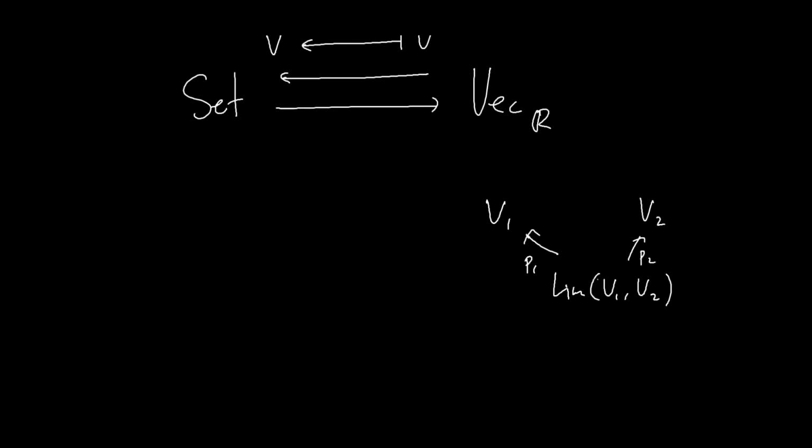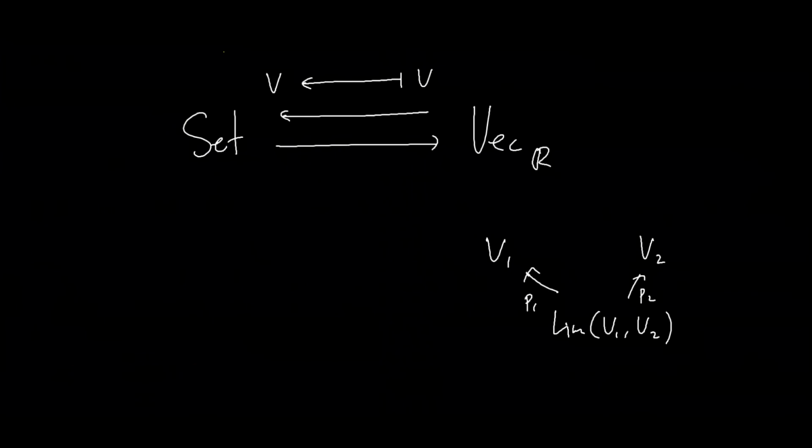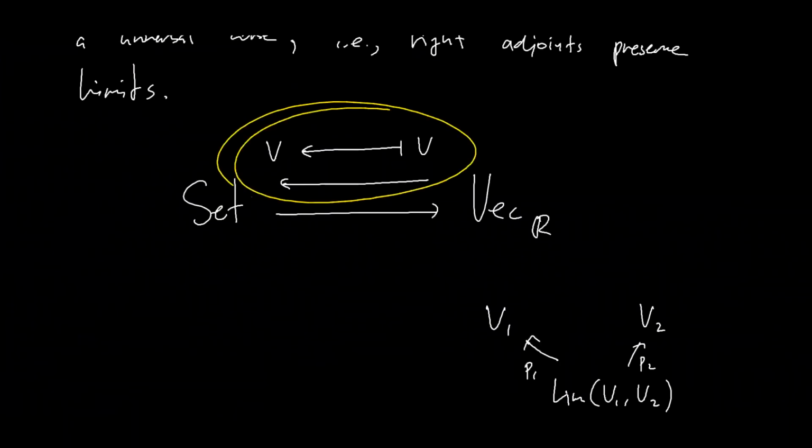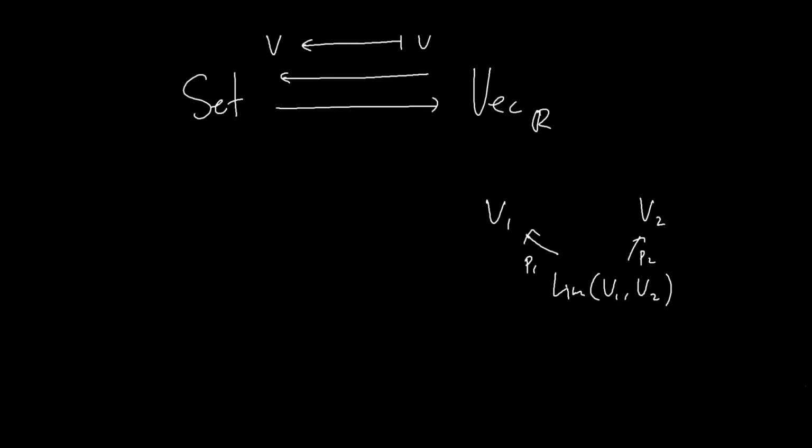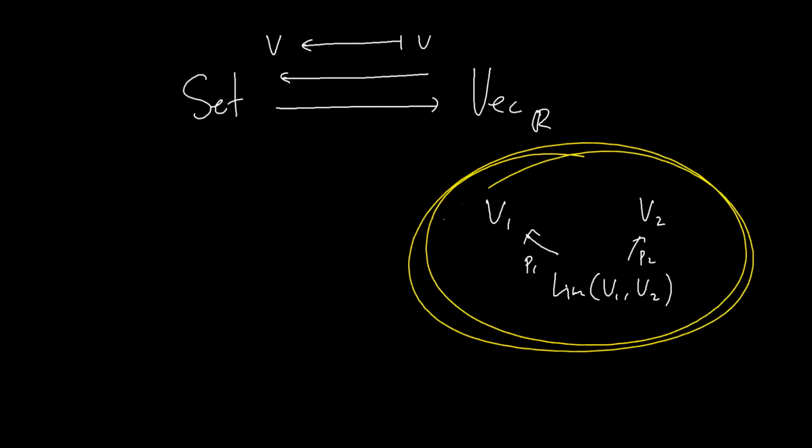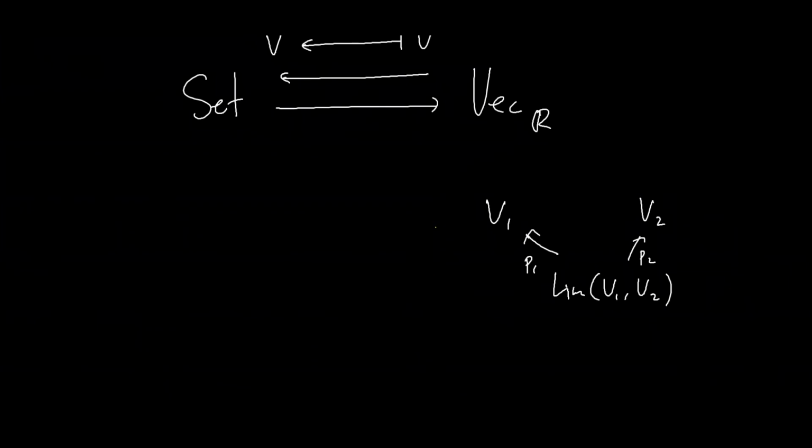If I know the limit exists, then by the previous theorem, if I apply this functor, which is a right adjoint, so if I forget that these are vector spaces and just consider them as sets, then this must be the limit in the category of sets. But in the category of sets, we know that this is the Cartesian product.